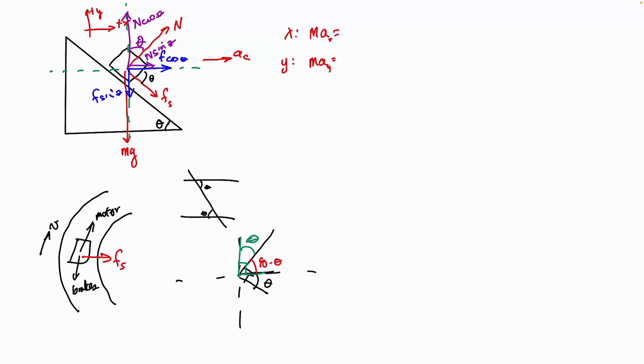We made sure that only one of our directions, X or Y, points in the same direction as the acceleration. So since our acceleration only lines up along the x-axis, I know that the acceleration in my other direction has to be 0. That makes this equation easier.